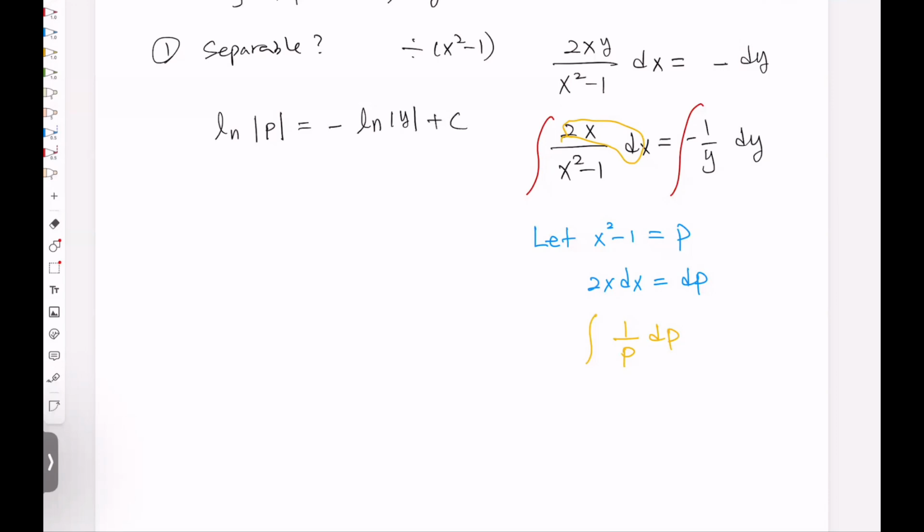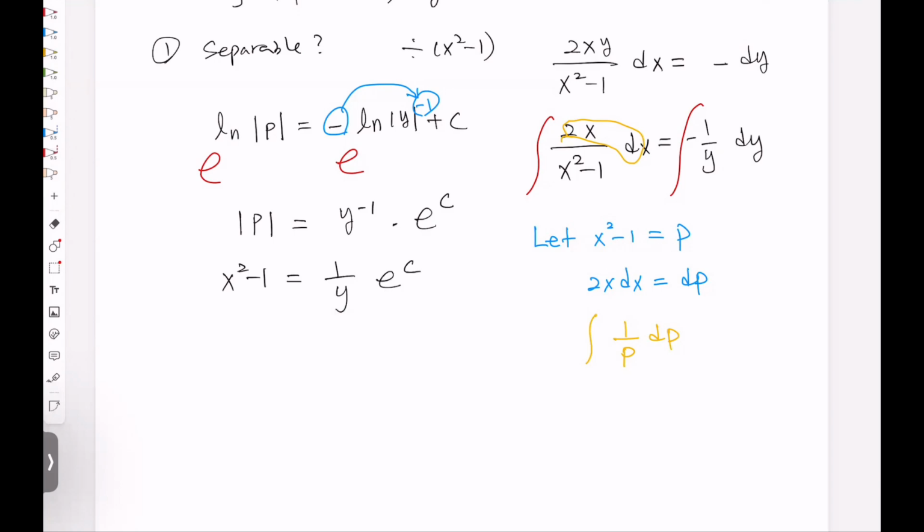And we take e to both sides. Then we have p on this side, y to the negative 1 times e to the c, because we're taking this negative to the power. Then for p, we set x squared minus 1 equals 1 over y times e to the c.